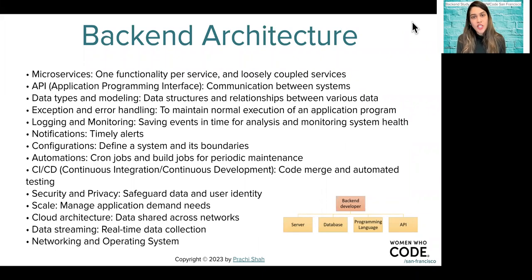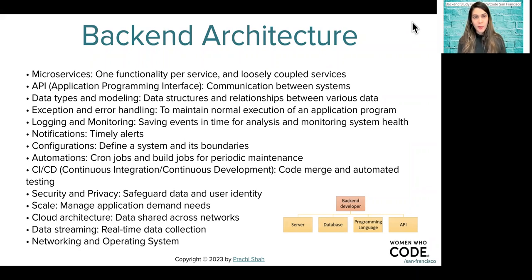Microservices is more structured, more modular. These are individual loosely coupled services where each service has a functionality rather than one service or application having multiple functionalities. And then you design these services, and you design the interfaces or communication between these services to build your product or your feature.